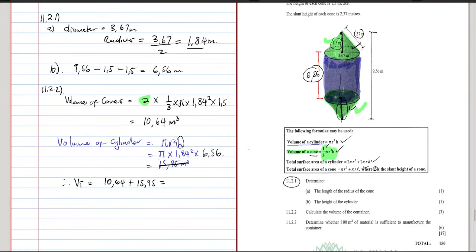Pi times 1.84 squared times 6.56. Answer: 69.77 meters cubed. A bit higher, but it kind of makes sense. And then we add the cone volume above, which I don't have a problem with. 10.64 plus 69.77.